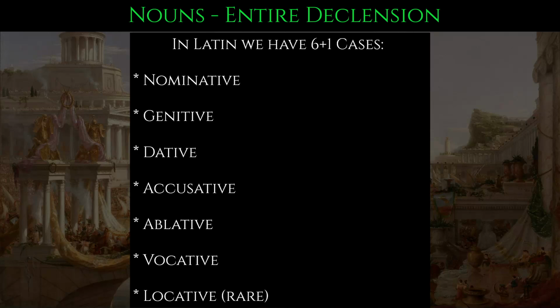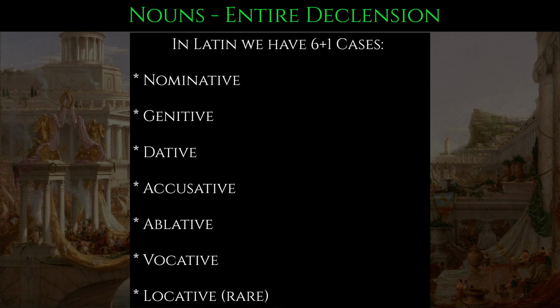So, today's lesson might be a little bit longer because in today's lesson we are going through the entire declension of the Latin nouns, except the irregular nouns, that is. So, from the beginning, in Latin we have 5 plus 1 cases.